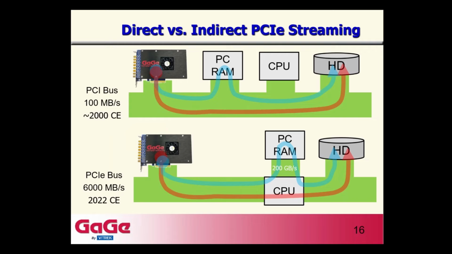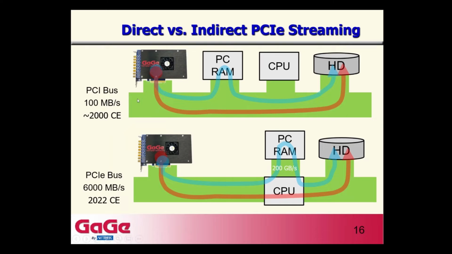What the customer says they want is, I really want PC direct streaming, the ability to stream the data directly, say, to the hard drive rather than going through PC RAM, the way I've just described a few slides ago. And why is there concern about that? Well, if we go back to the days of the PCI bus circa 2000, the original PCI bus could run at rates of about 100 megabytes per second sustained.